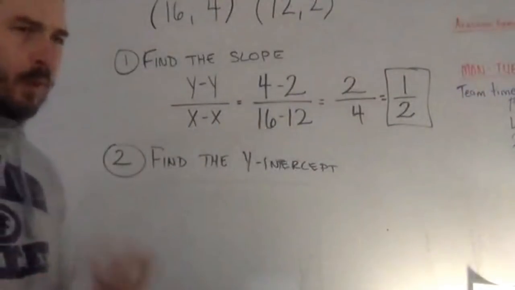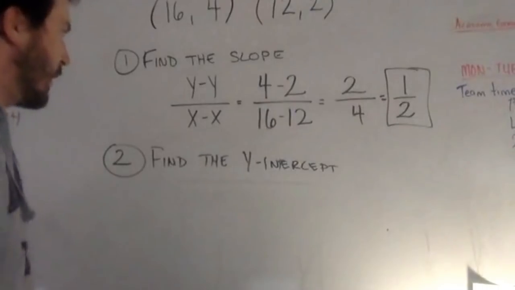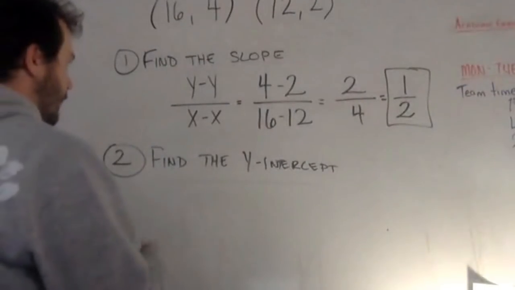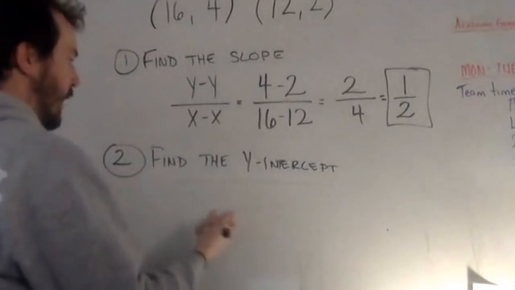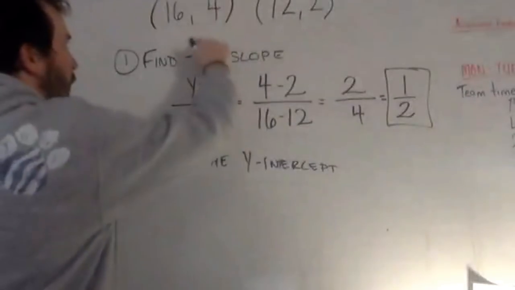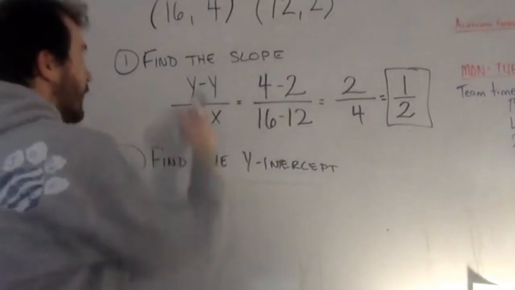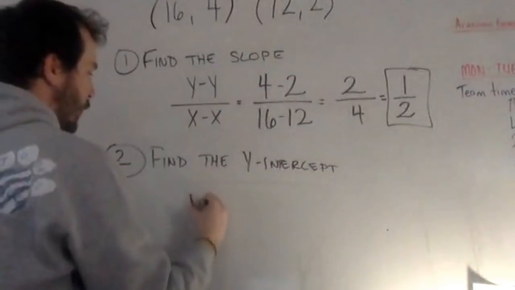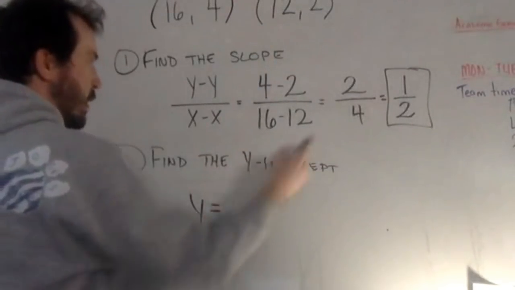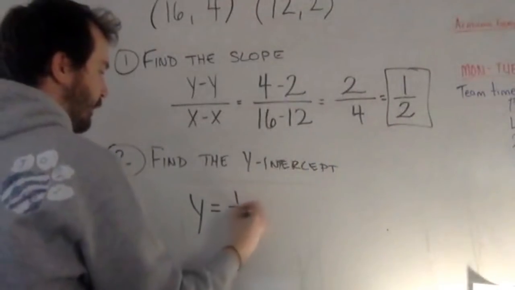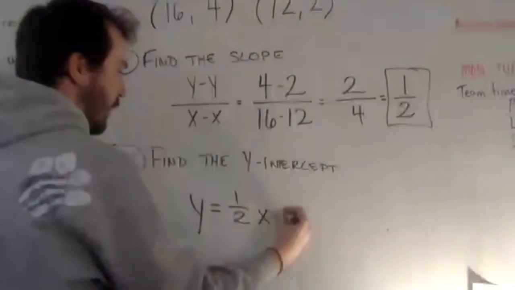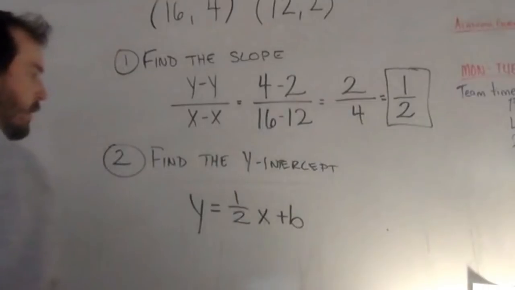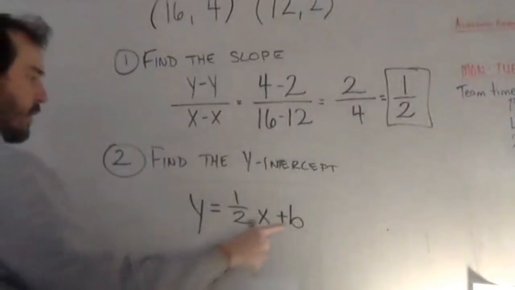But sometimes that would be weird decimals. So using the steps from the previous example, we can find the y-intercept of the line these 2 points are on. So I'll have y equals 1/2 x plus b. I have my slope, now I need to find b.